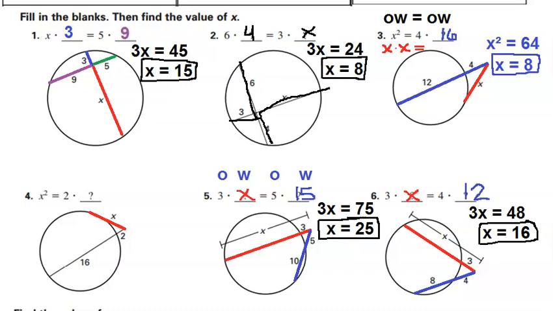So x squared equals, the outside is 2. The whole thing is 16 plus 2, which is 18. So you end up getting x squared equals 36, which means x equals 6. 6 squared is 36.